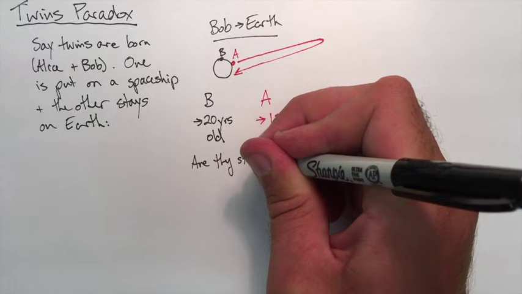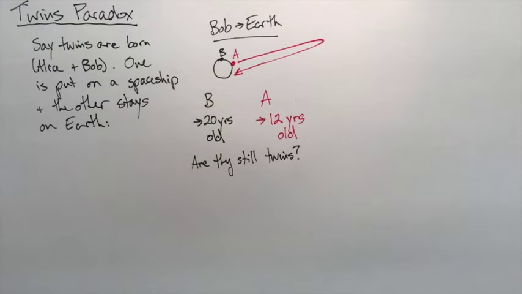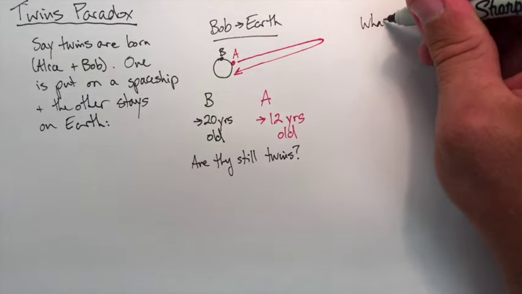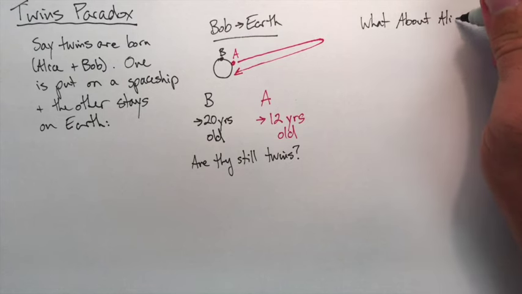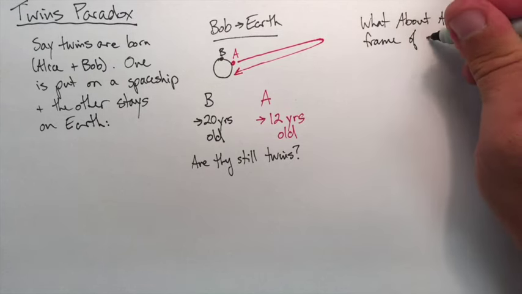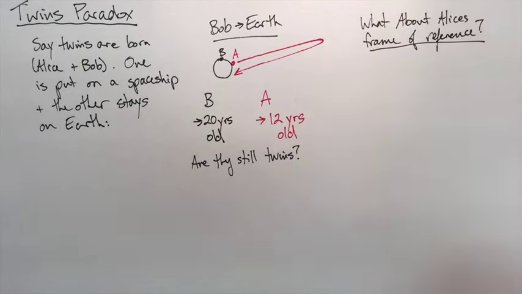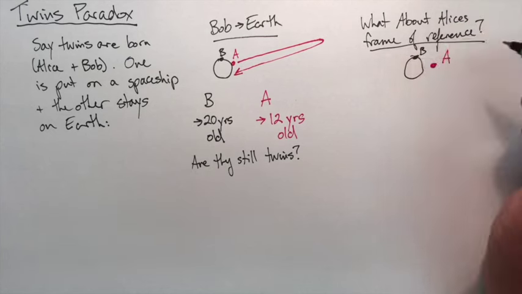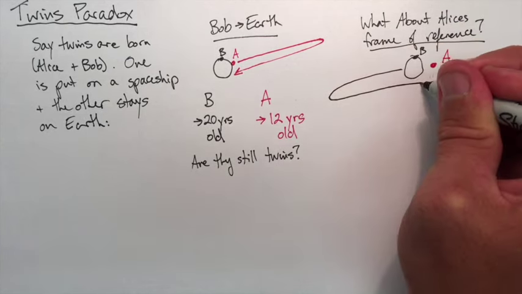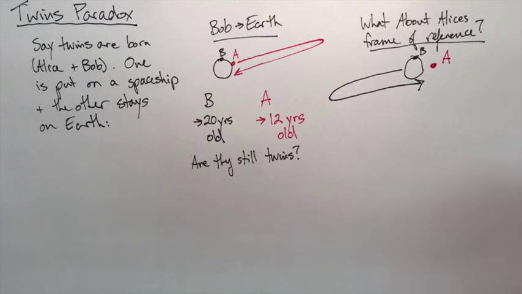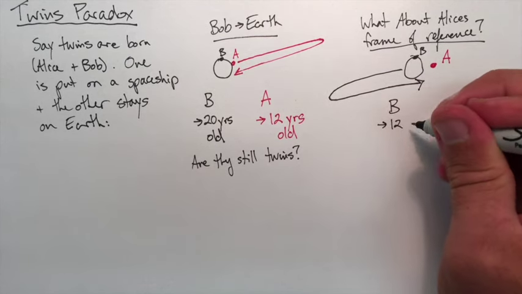So are they still twins if they're at different ages? But the weird thing here, and what makes it a paradox, is what about Alice? What is she going to see? She gets on the spaceship. She can think that she's at rest and that the Earth is going far away from the window. It's going to take a while. The Earth seems to be going near the speed of light, and then Earth comes back.